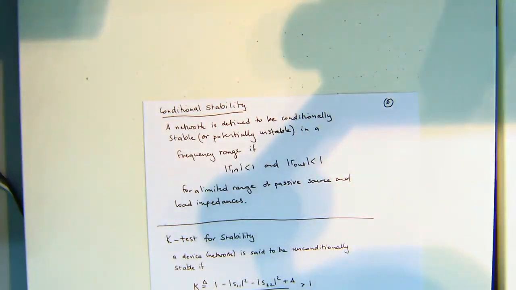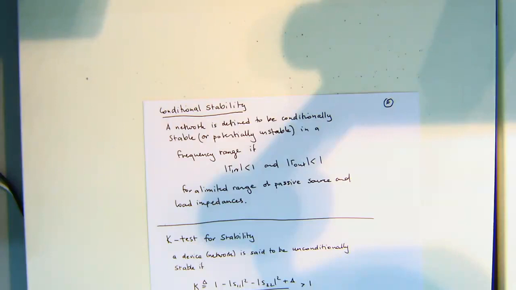Usually when you do stability in your control systems courses, you either say, oh, it's got right-hand plane zeros, done, unstable. What we're saying here is a little bit more delicate, right? The system might be unstable, but there might also be input and output load impedances for which it's still stable and enables us to use it, right?